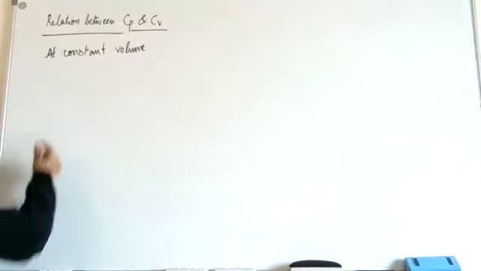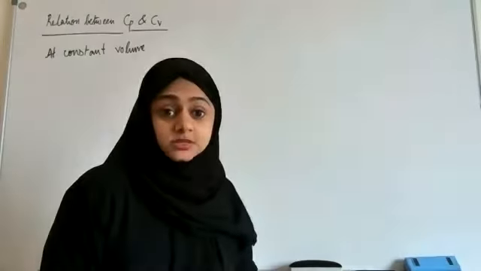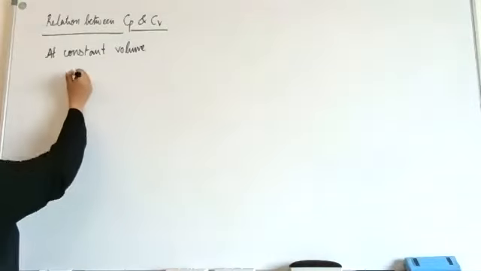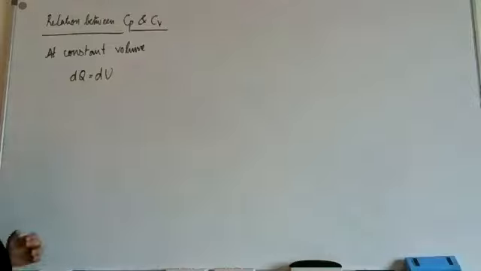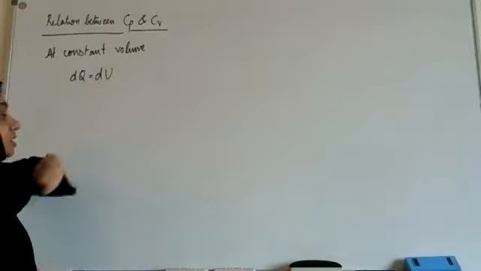So what is the form of the first law of thermodynamics at constant volume? At constant volume, dQ is equal to dU. This is the form of the first law of thermodynamics at constant volume.